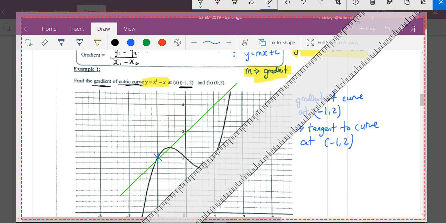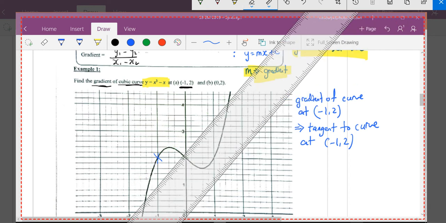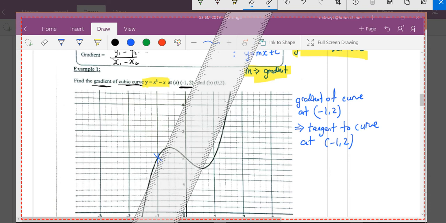So my ruler must change in a way so that my green line only touches the curve one time. How must I draw? So can I take out my eraser? Can I use my ruler again? Do you agree this is my tangent?